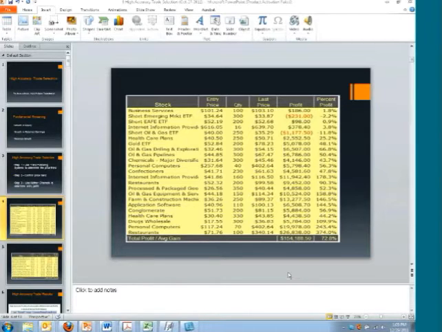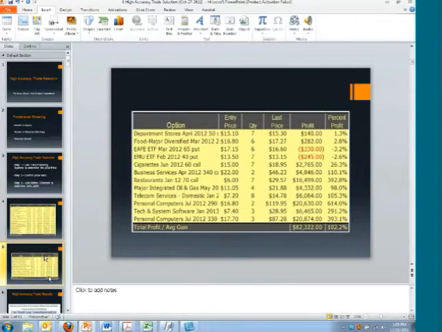Here's a snapshot of the current option portfolio, and the option portfolio has a current open trade profit of over $82,000 and an average return of 102%.